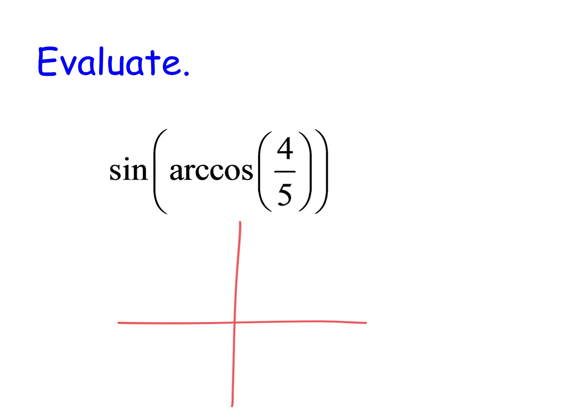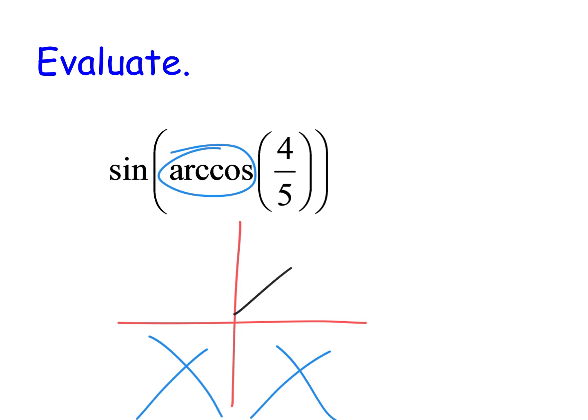Here's why I can't be here and I can't be here, because we're doing inverse cosine, and it's only allowed on the top. Did you say quadrant 1 or 2? 1 is correct, because it's positive.